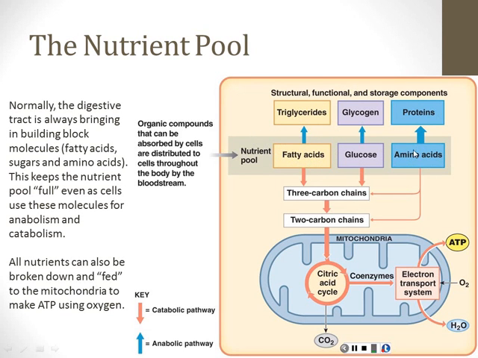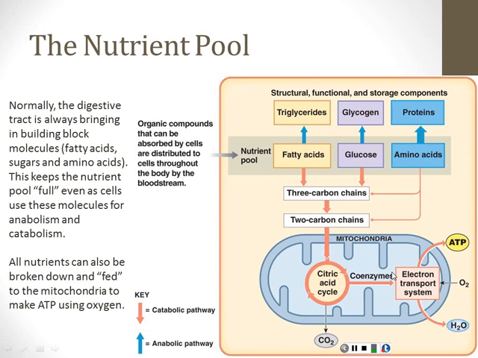We can feed those nutrients into the mitochondria by breaking them into 3 or 2 carbon chains. And then those chains can be fed into the citric acid cycle, creating CO2. And then from there, those NAD and FAD, the hydrogen ions, go to the electron transport system, or the oxidative phosphorylation. And as long as there's oxygen, we'll get ATP and water out, right?